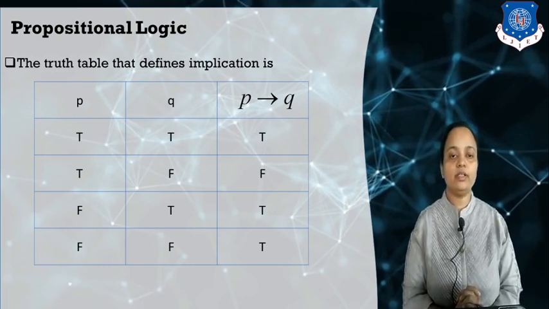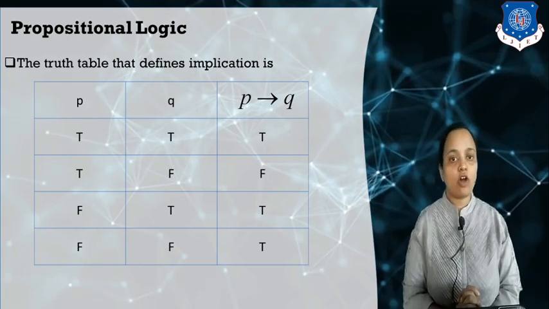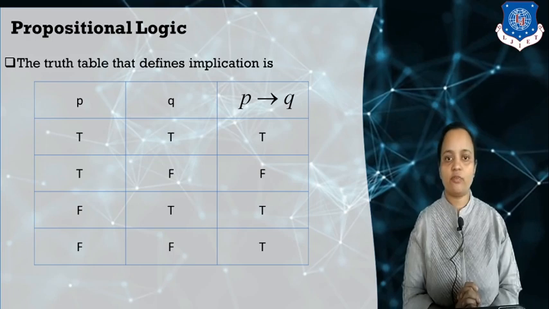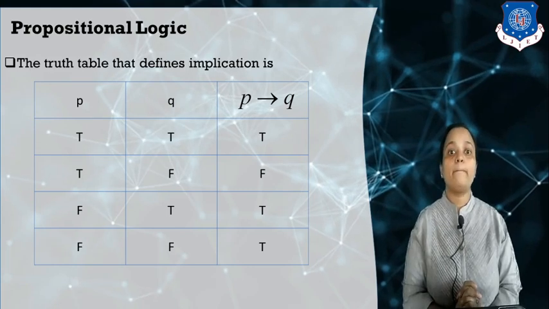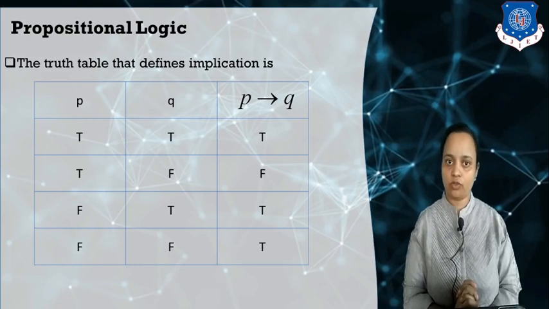For example, if P and Q both are true, it is also true. If P is false and Q is true, then also P implies Q is true. If P is false and Q is false, also it is true.